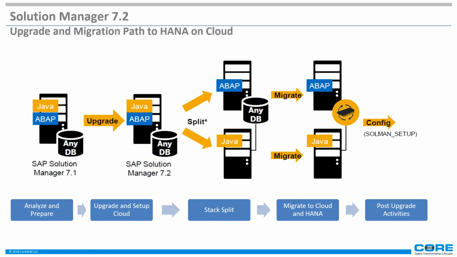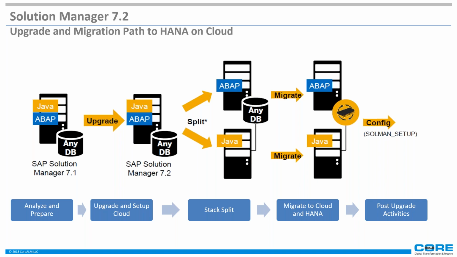Okay, and the migration path to HANA on the cloud. As we mentioned, we do have partners, and customers can either migrate Solution Manager to their own preferred partner, or if you don't have one, we can definitely help you with the migration. It's a similar scenario where you do the analysis and prepare, you upgrade, you prepare the cloud environment, you do the dual stack split and the migration.